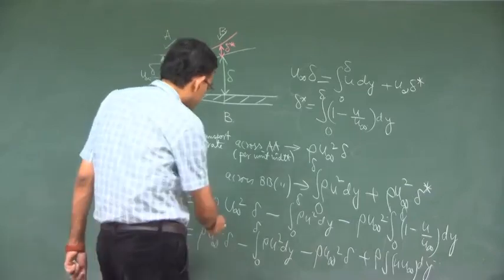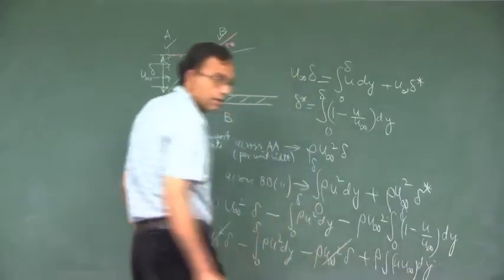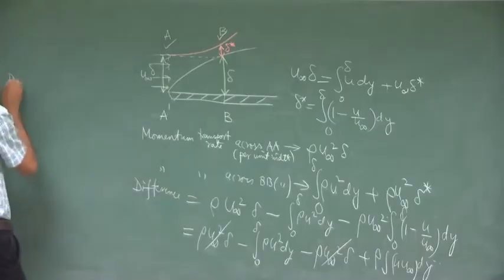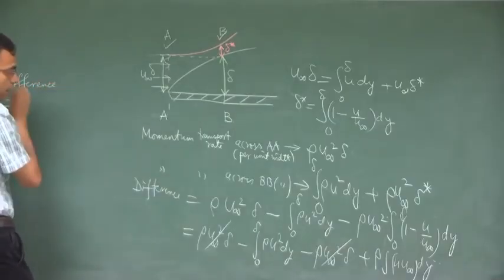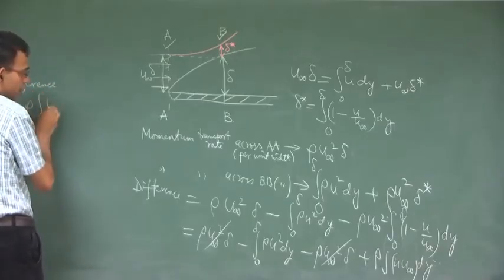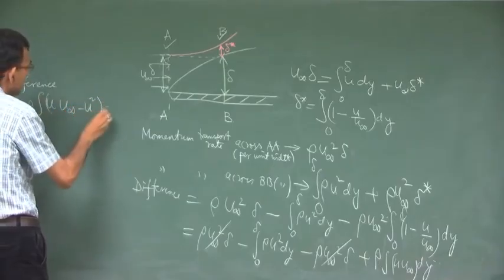Okay. So, these two terms get cancelled, right. So, this difference becomes rho integral u infinity minus u square dy.